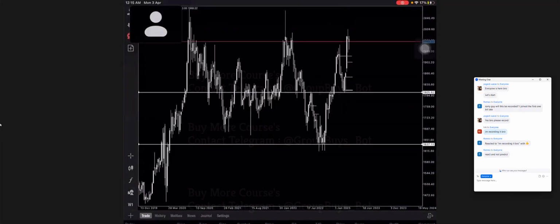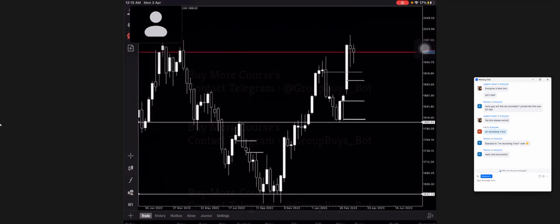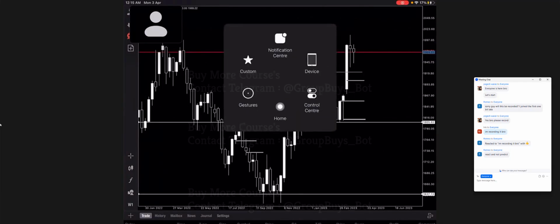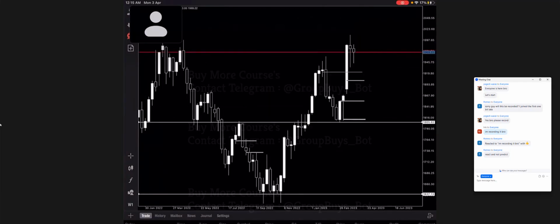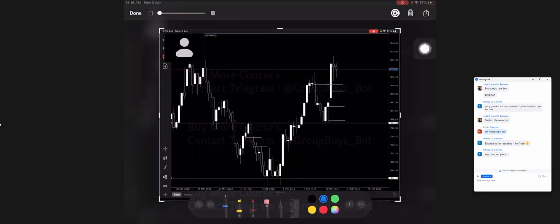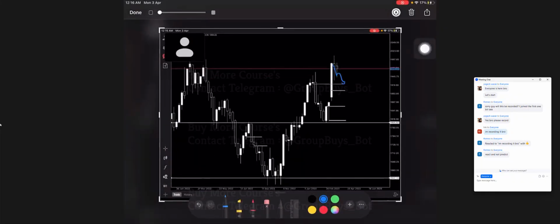All right, so just wait for the level that I marked here. Monitor it. What actually happened? When price came to this zone, try looking at the H1 or H4 and find the breakout.